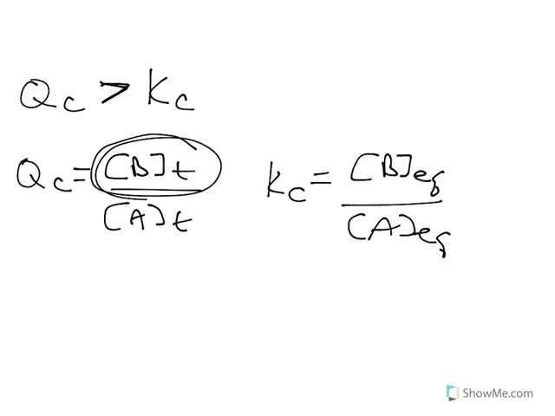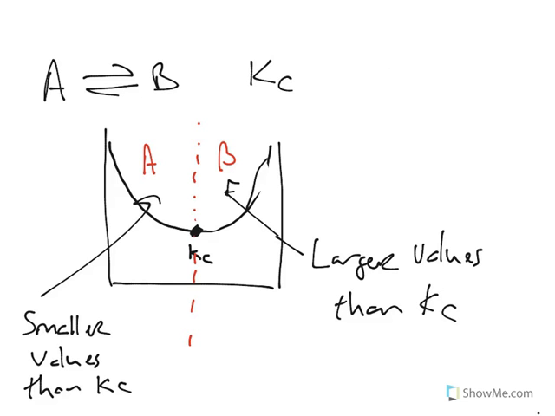We've got too much B. So where would we be in our little bowl? If we've got too much B, we're up here somewhere. Which way is the reaction going to start going in order to get down to Kc? B is going to have to start getting consumed, and A is going to have to start getting produced. So the reaction is going to trend to the left. That's if our Qc is too big.